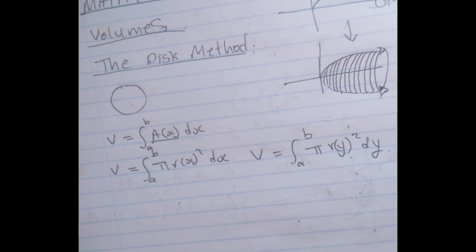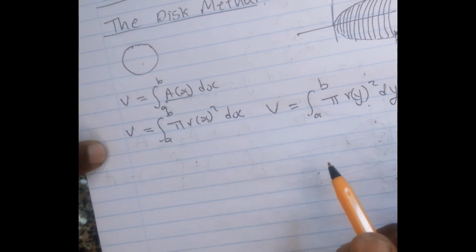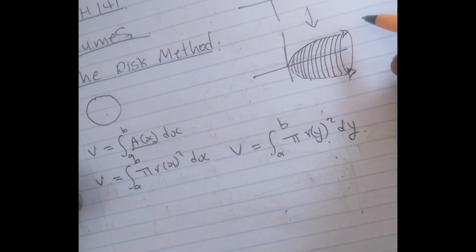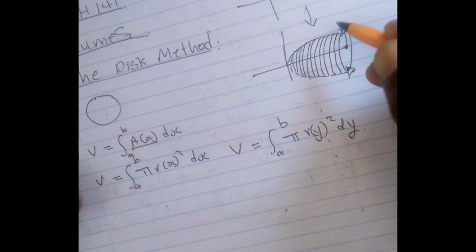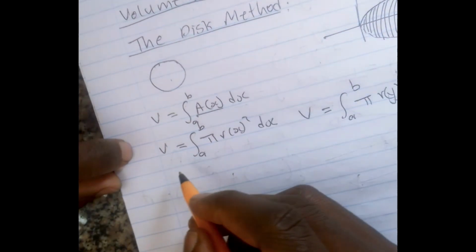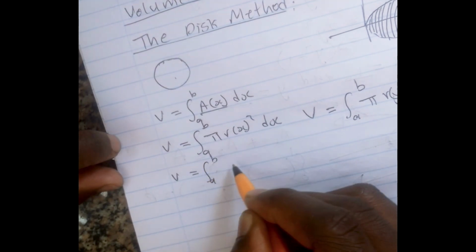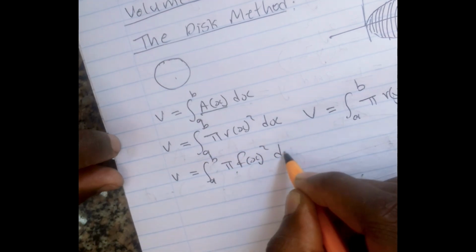Now, in the other textbook, look at this: the radius of this curve will start from this part all the way to the top. You see that this is just your curve. So in some other textbooks they will say the integral from a to b of pi times the function squared dx.